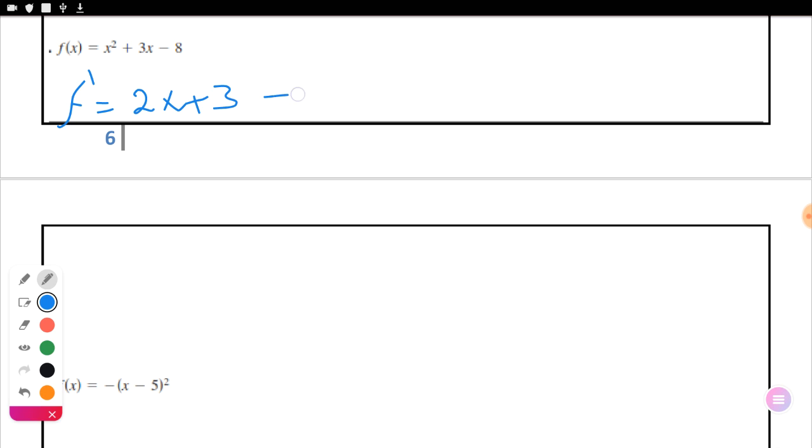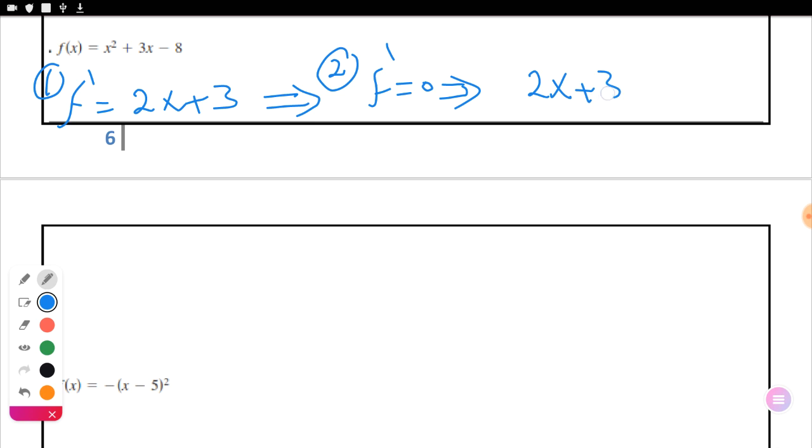Please focus: f prime equals 0, that is the second step. That is the first step. 2x plus 3 equals 0 implies x equals negative 3 over 2.